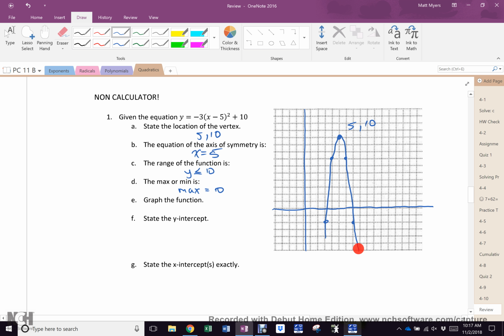What's the y-intercept? Minus 65. And what are the x-intercepts exactly? Minus 3.1 and minus 6.8. That's not exact. 15 plus or minus the root of 30 divided by 3.